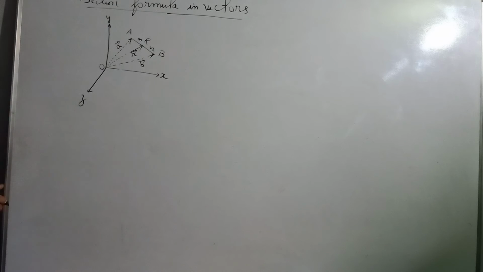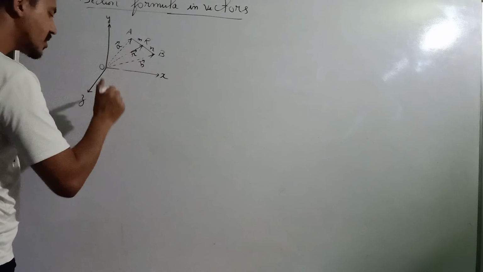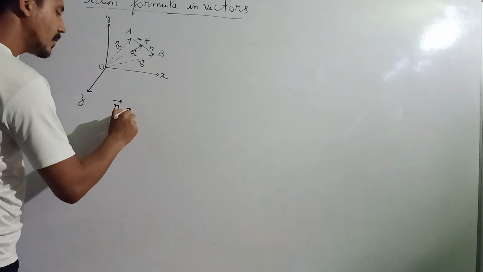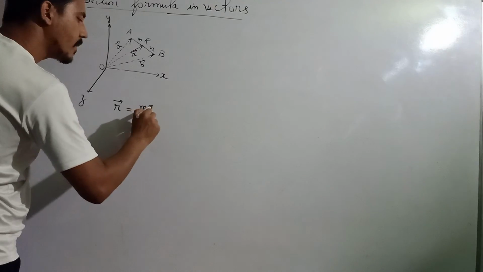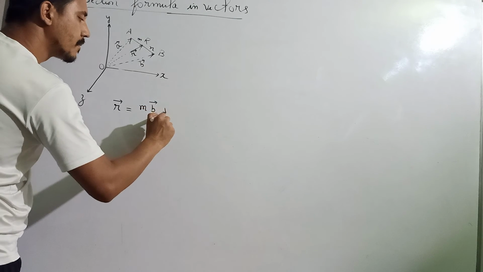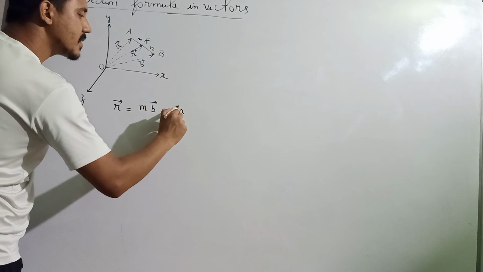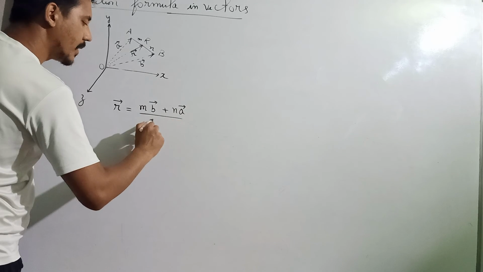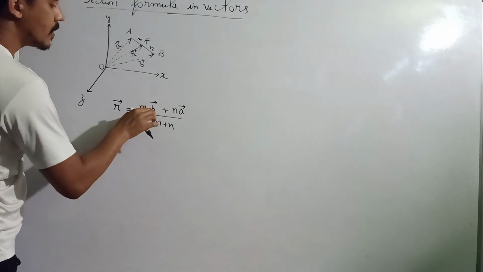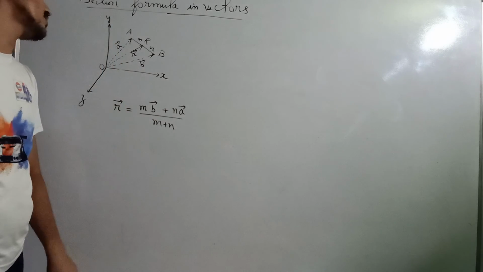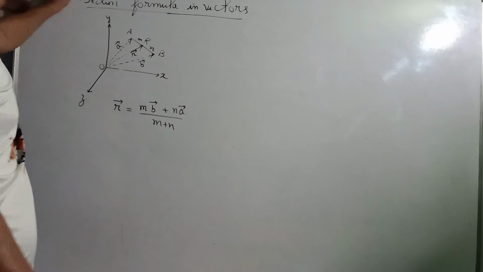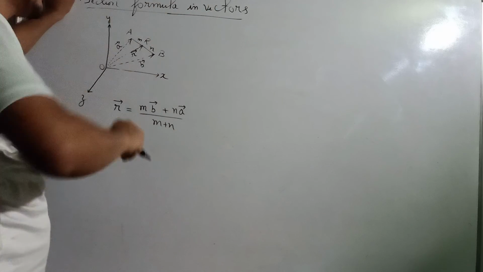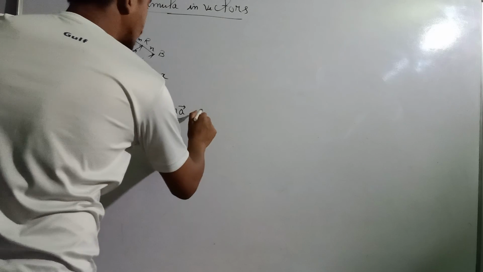Then by the section formula, the position vector of R will be given by m times vector B plus n times vector A upon m plus n, where vector B is the position vector of B and vector A is the position vector of A.